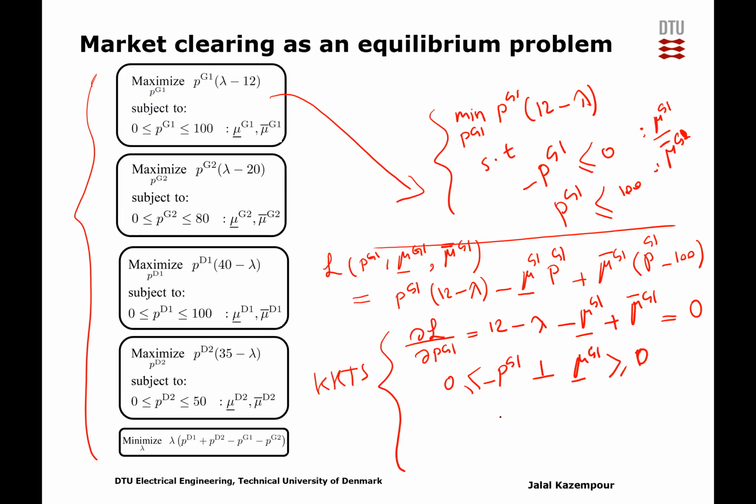Also, the other inequality, 100 minus pg1 is greater than or equal to 0. Mu bar g1 is greater than or equal to 0. And we have a complementarity condition here. So this is the KKT conditions of the first optimization problem. Do you agree?